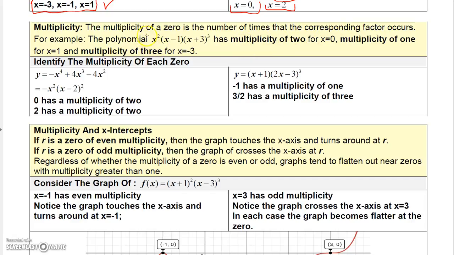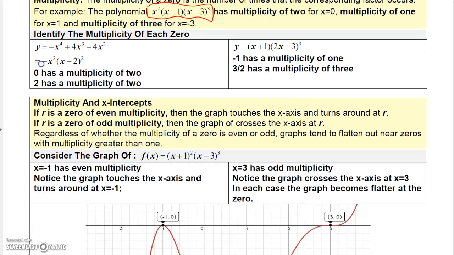For example, if you had a polynomial like this, it would have 3 roots, or 3 zeros: 0, 1, and negative 3. Since this is squared, 0 would have a multiplicity of 2, and for 1 you would get a multiplicity of 1, but for negative 3 you would get a multiplicity of 3, since the factor occurs 3 times.